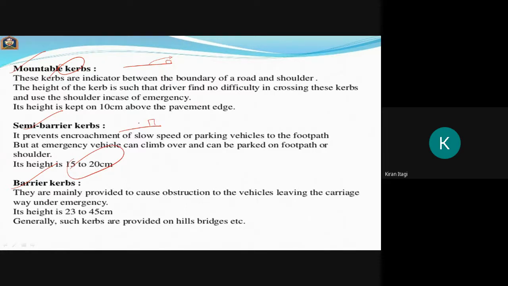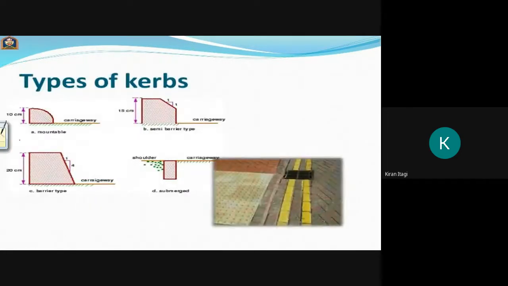Say the cars can't climb, but the lorries can climb, just an example, not actual. It partially allows traffic to come over the footpath. Barrier curb means it completely avoids a car coming over the footpath. These are the barriers. Here we can see mountable, semi-barrier, barrier, and submerged.